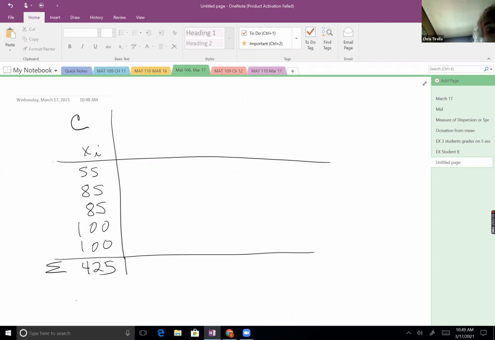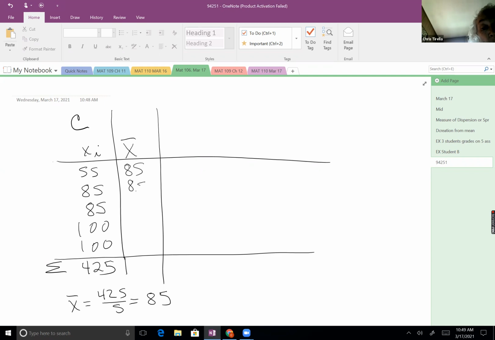And so we said that the mean was 425 divided by 5, or 85. Then remember, we're going to take the value minus the mean and square those numbers.